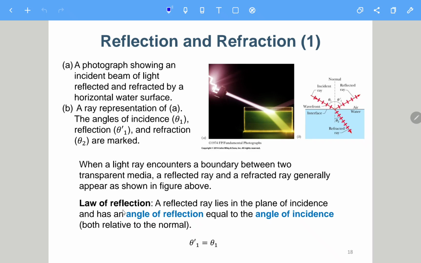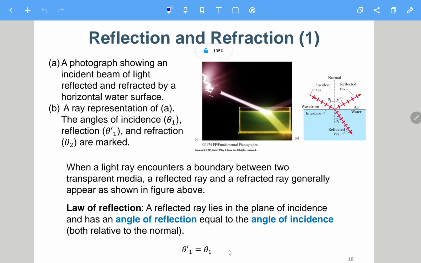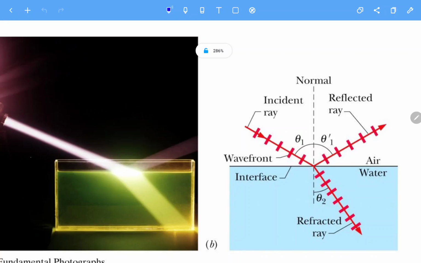So this is the law of reflection, which means that the angle of reflection equals the angle of incidence, both relative to the normal. So theta 1 prime equals theta 1, which is quite trivial. This is the boundary of the two materials, and we can draw the normal line.